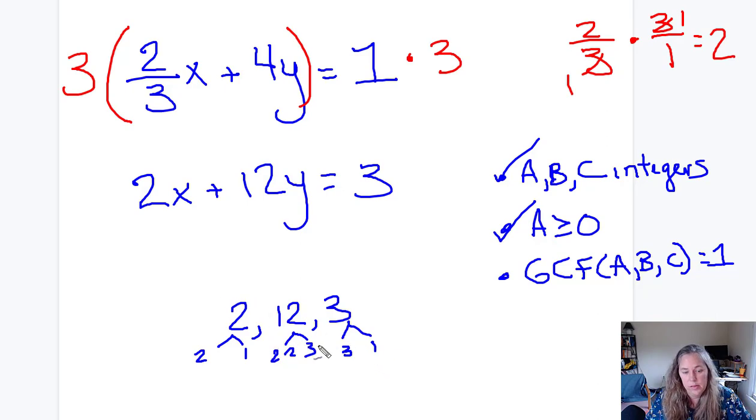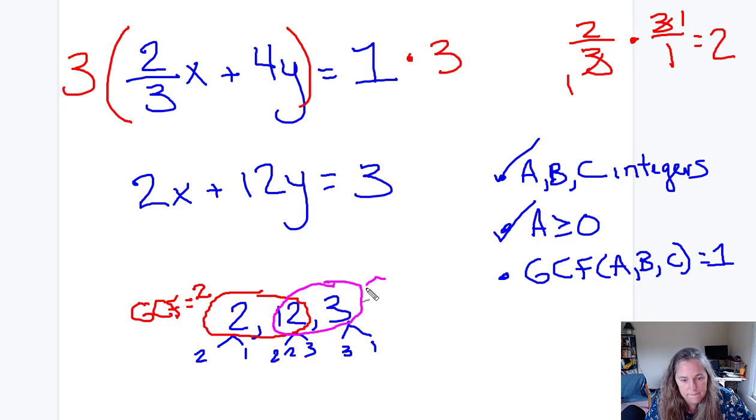Okay, so this is confusing because this can trick students. 12 and 2 have a common factor of 2, the GCF of that is 2. And the GCF of 12 and 3 is 3.